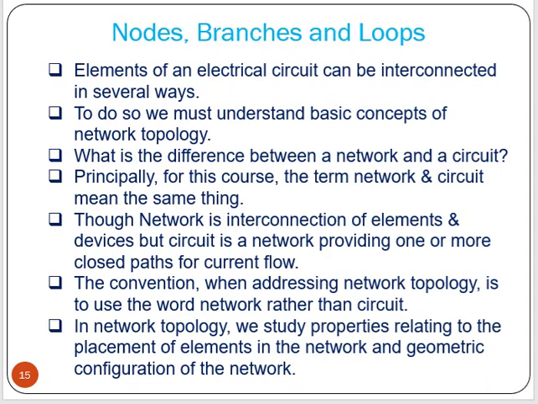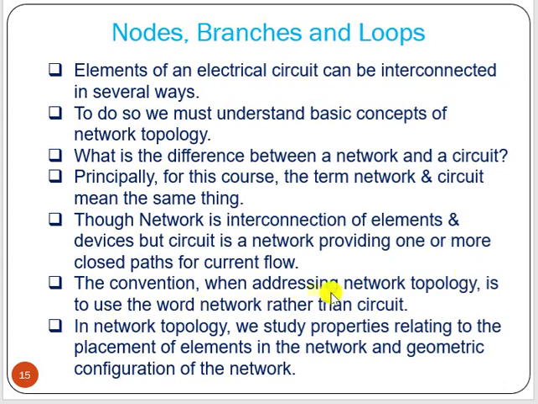Though network is the interconnection of elements and devices, but circuit is a network providing one or more closed paths for current flow. So circuit is at low level where there are so many loops where current is flowing, closed path, and network is high level abstraction where we can have many connections.